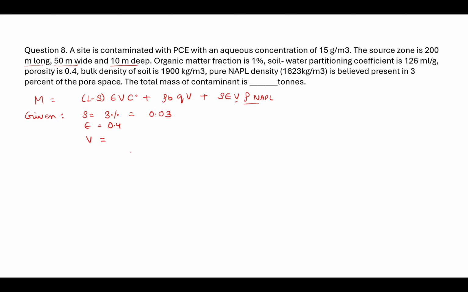So volume will be length into width into depth, 200 meters into 50 multiplied by 10 meter depth. So it will be 1 lakh meter cube, or 100,000 meter cube.